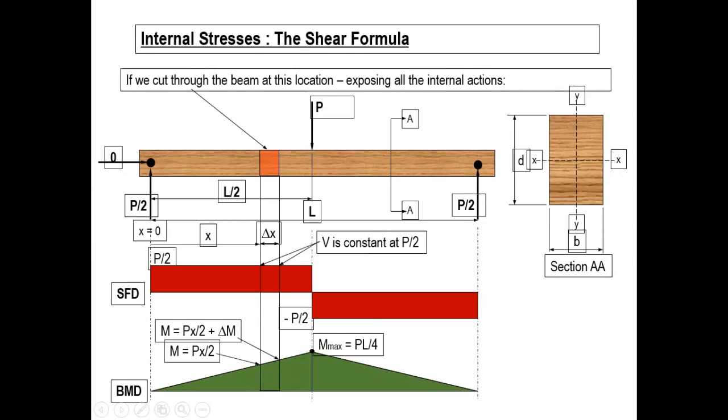choose a tiny slice which is measured x from the left. You see that pink coupon? That is a slice. I made a slice of this beam. The thickness of the slice is delta x. And how far this coupon is from the left? That is x from the left. All right. So think of the internal stresses.